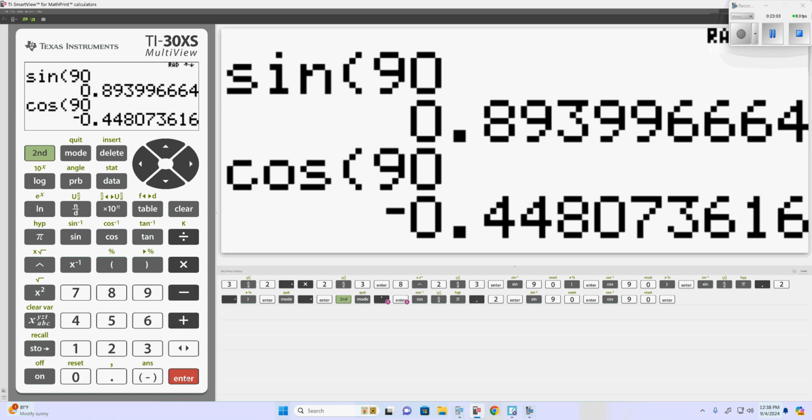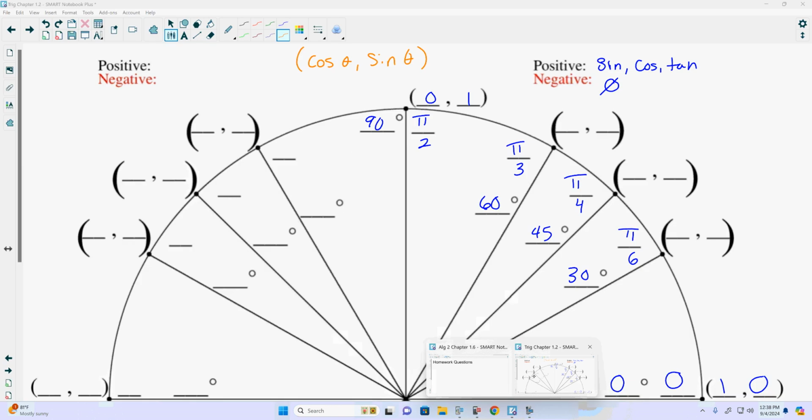The calculator was set in degrees, not radians, because it will give you a completely different answer depending on whether you're plugging in radians or degrees. If you're plugging degrees in, you need it in degrees. If you're plugging radians in, you need it in radians. It's going to differ for what it needs. But we have this here.